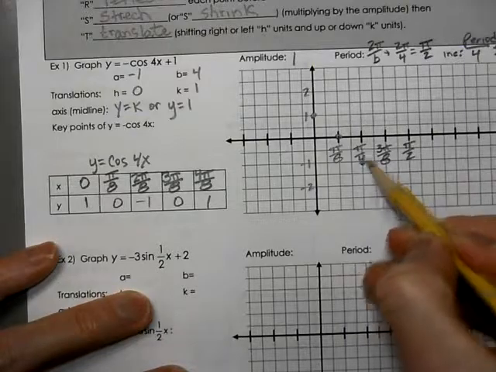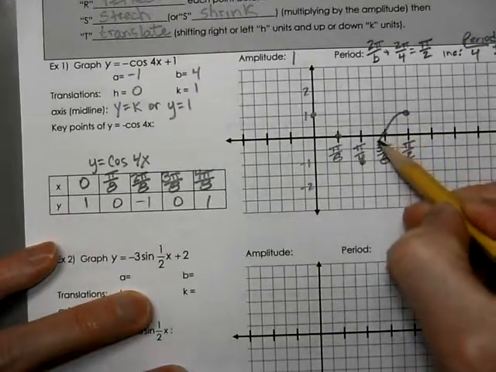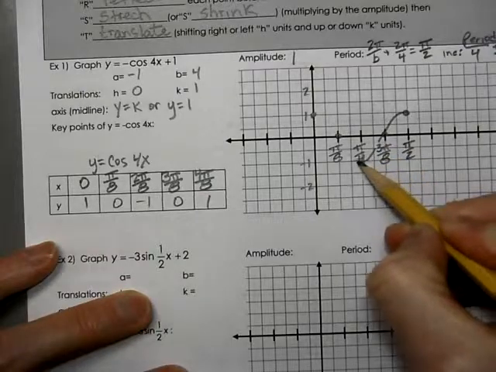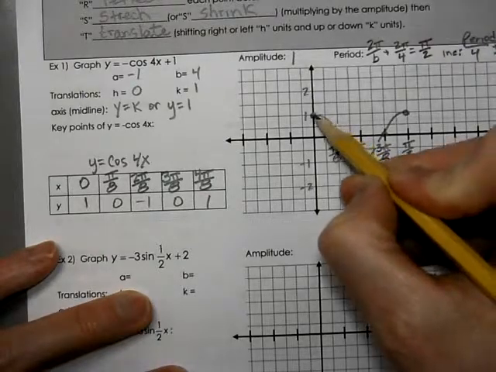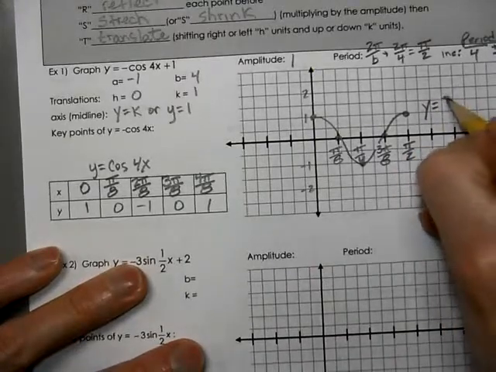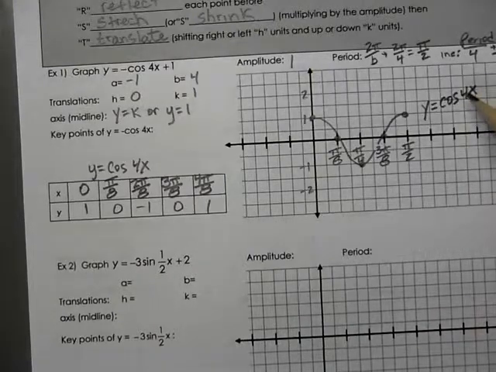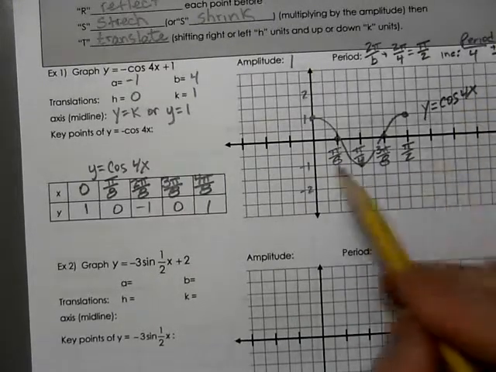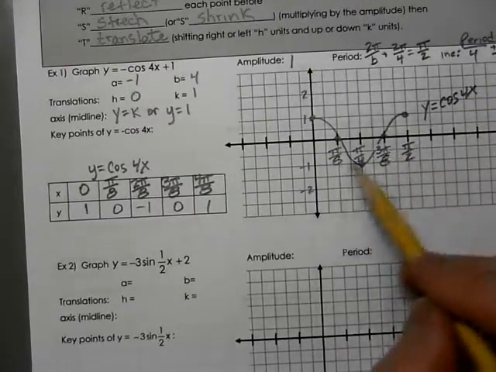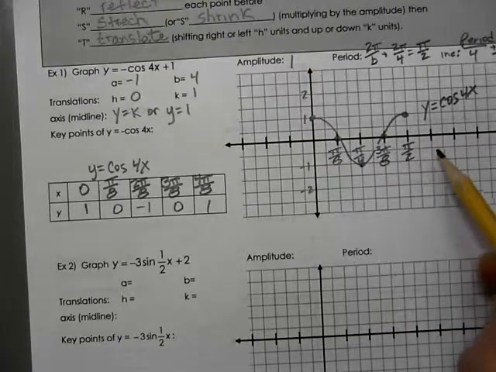So the cosine graph, this parent function, come right through. That would be y equals the cosine of 4x. The only thing that's showing up here with the 4 is that the scale of the x is different. That's the only thing that changes.